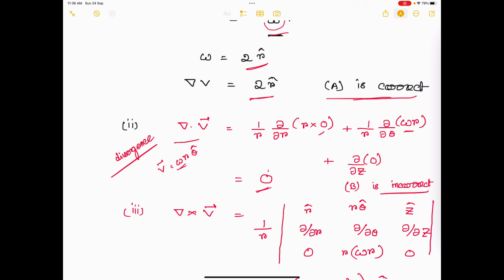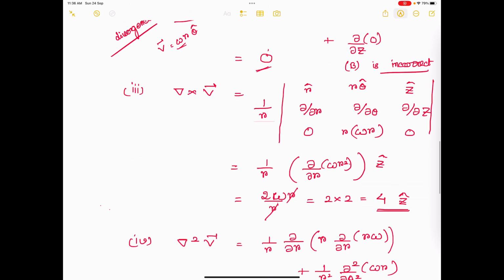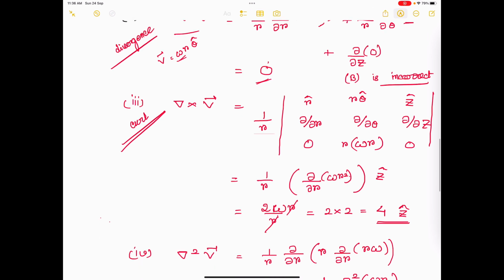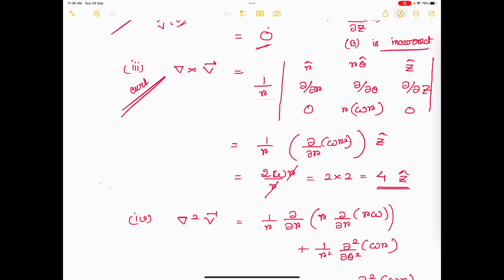Fine. This we have found out. The next thing is the curl. The vector curl actually tells us how much rotation is there. So del cross V in cylindrical coordinate. In all things we are doing in the cylindrical coordinate because it is given in the question. So 1 by r cap.